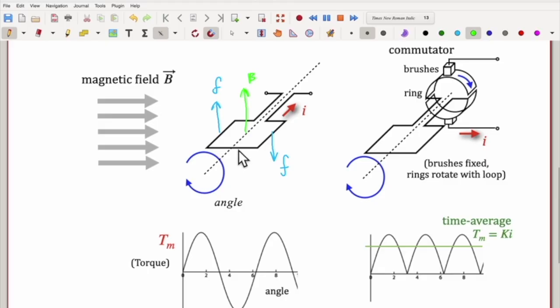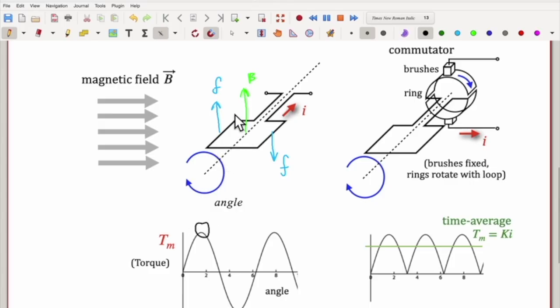Okay, so if you were to plot that torque as a function of this rotation angle of this loop around this axle, you'd see something like this, where as you vary the angle on this axis, you get more or less, we'll call it Tm for magnetic torque. What this picture shows is this point here: the magnetic torque is at its peak when the misalignment of the two magnetic fields is strongest.